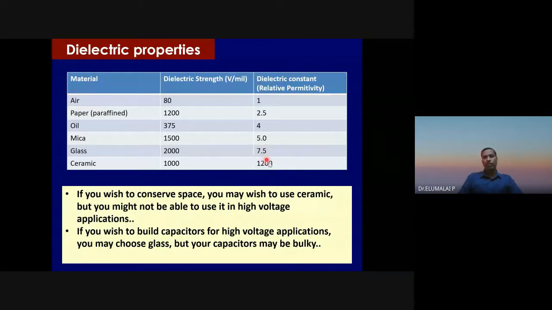So there is a compromise. If you want more charge storage, go for ceramics, but the voltage will be less. If you want a large voltage, go for low dielectric constant materials like glasses, but you'll have to make a large capacitor.